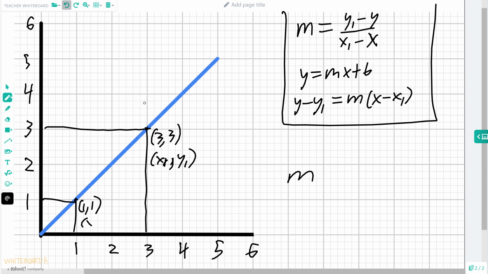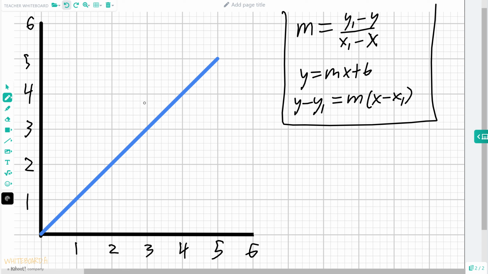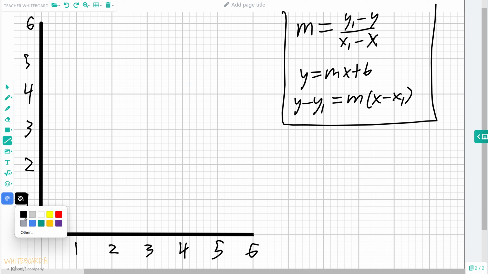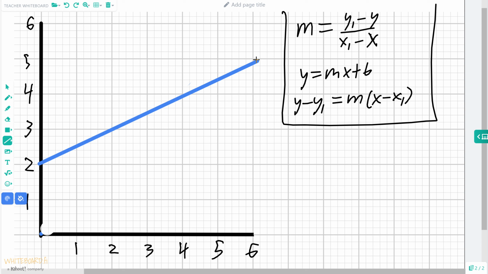So if we get rid of all these values, now we're just left with our basic graph again. And I'm even going to erase this and draw a new one. So if we draw a graph and it looks something like this.